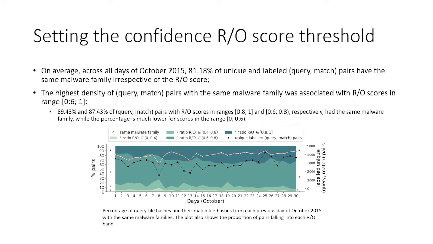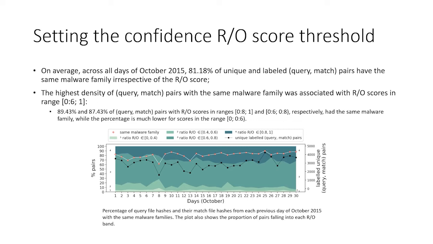In order to set the confidence RO score threshold, we identified over 100,000 unique hashes of files downloaded only on 31st of October 2015 to ensure that no prior information about these files was known to Jabbic in the lookup process. For each of these files, Jabbic lookups are used to search their match file hashes in every previous day.